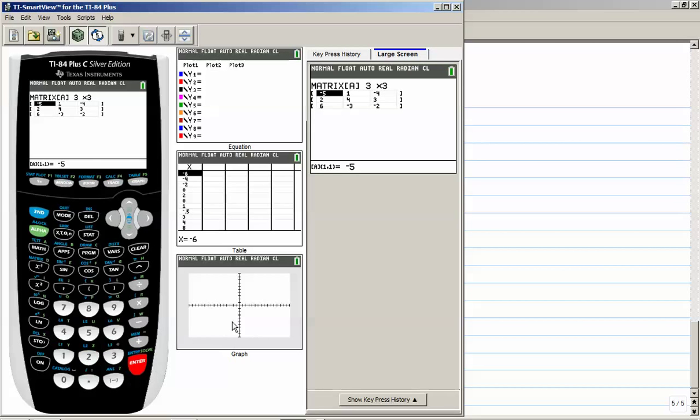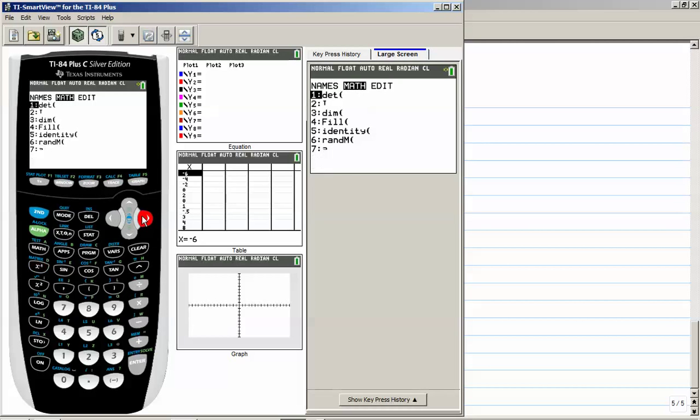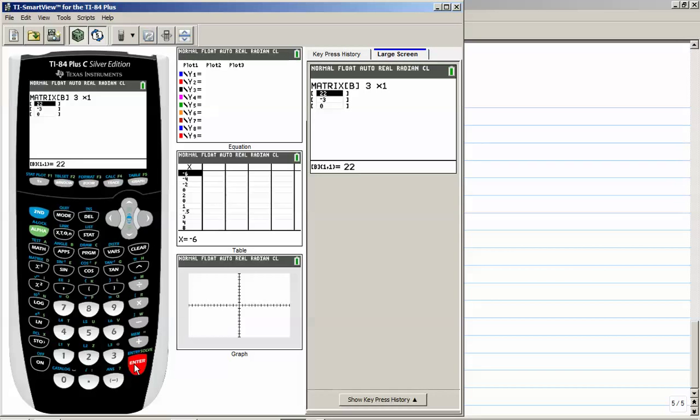Okay, there's matrix A, and then let's go and put in matrix B. Matrix B has 3 rows and 1 column. It has 60, -12, and -52.